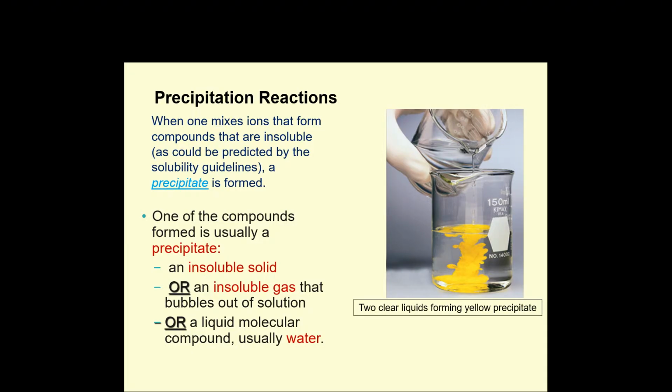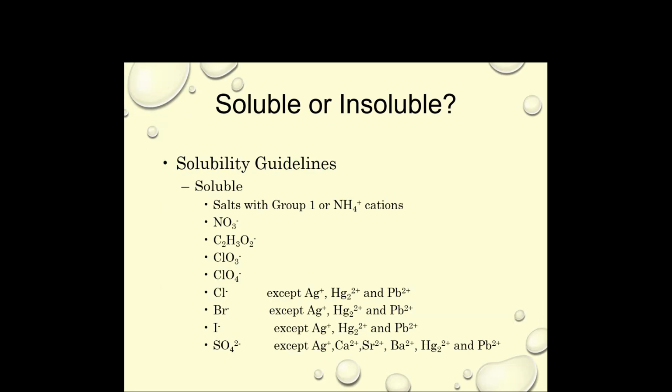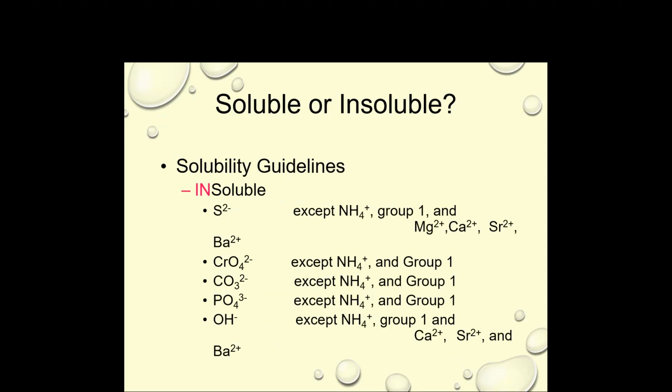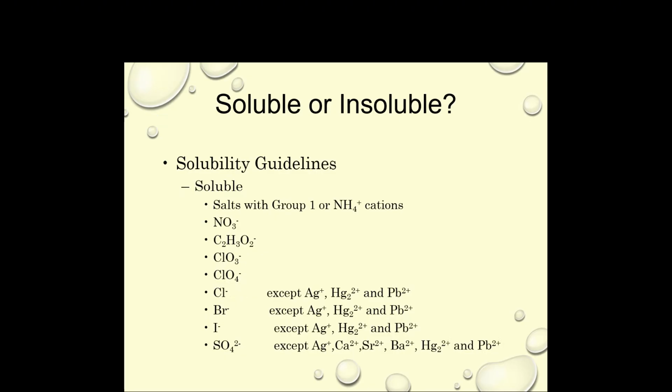So here's the solubility guidelines, and let's interpret this. There's two different sets. There's this set which says soluble, and this set says insoluble. It lists a whole bunch of pretty common ions, and as far as this table goes, everything on here is soluble, except those little exceptions at the bottom.